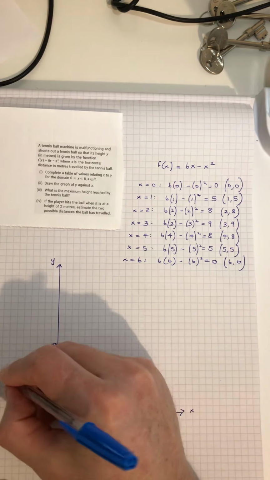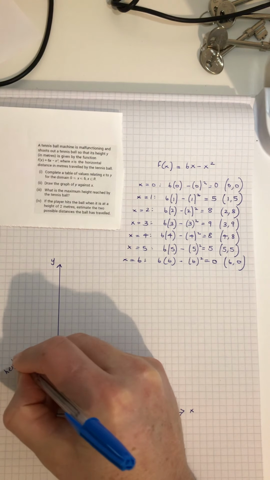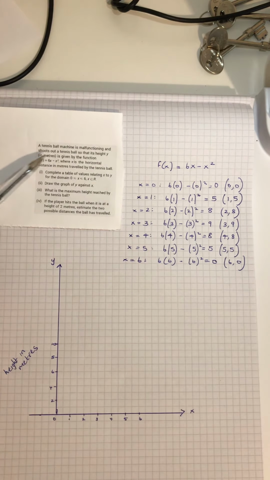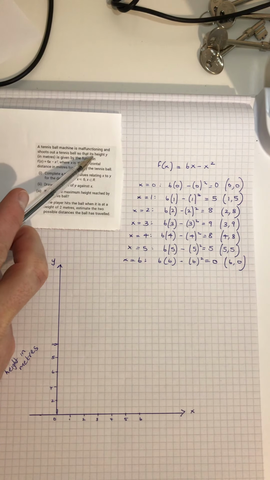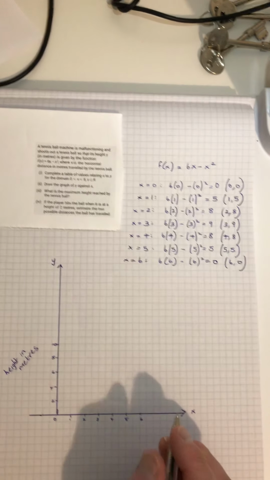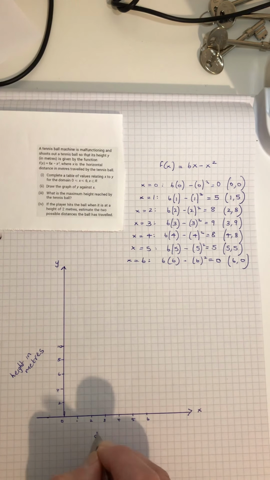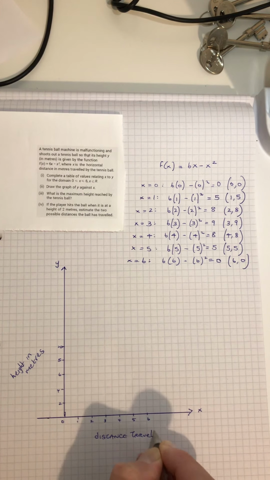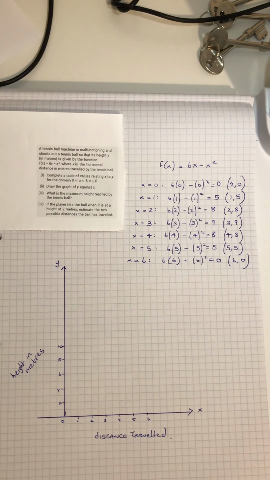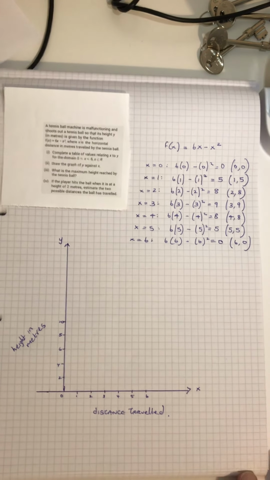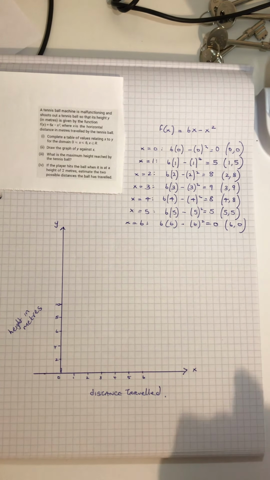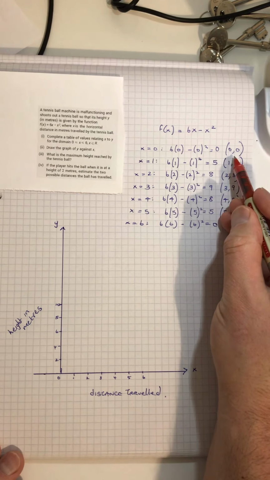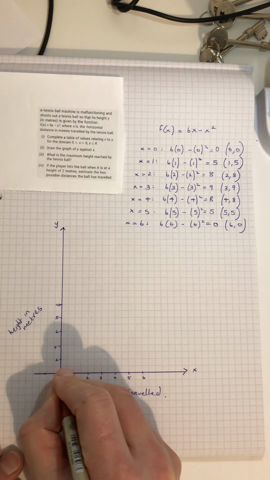So this is our height in meters, because it tells us that in the question, height in meters in y. And on the x-axis is the distance travelled. So the first point we plot is 0, 0, which is here.